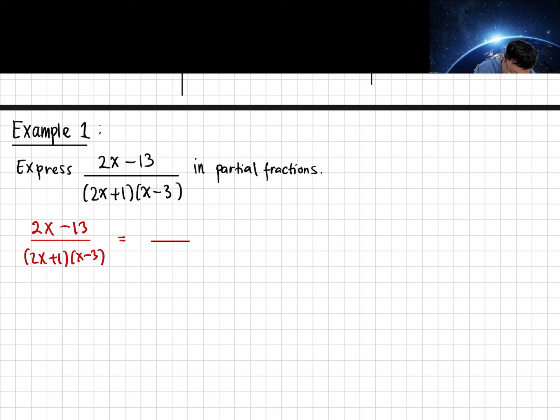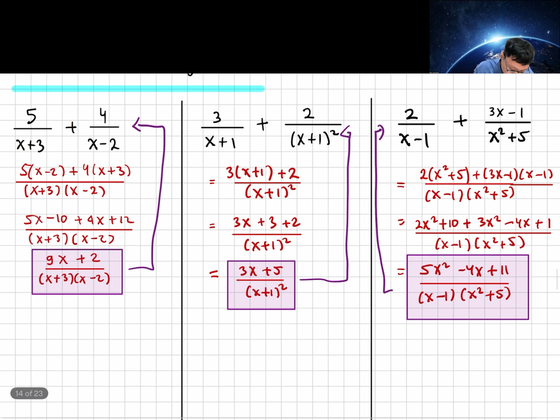I have 2x plus 1 plus I have x minus 3. But the problem is we don't know the numerator part, right? But we know for sure, like in the first example, I can split (x plus 3)(x minus 2) into separated fraction denominators. But the top part, we don't know this value.